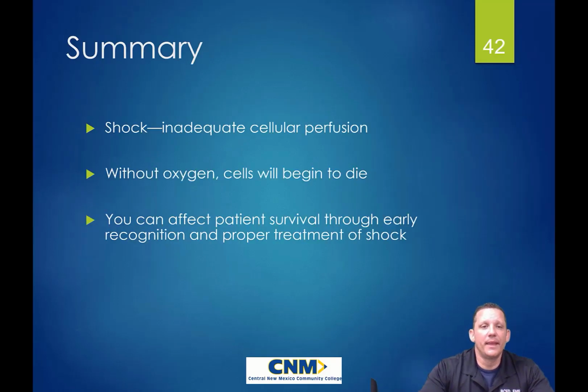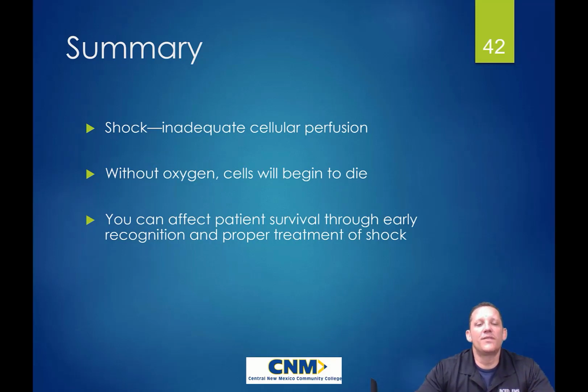So in summary, shock is inadequate cellular perfusion. Doesn't matter what cells it is. It could be fingertips, it could be your liver. If they're not getting the right amount of oxygen and nutrition and getting rid of the CO2 and the byproducts of metabolism, that tissue is in shock. Without oxygen, cells will begin to die. We've covered why that happens.